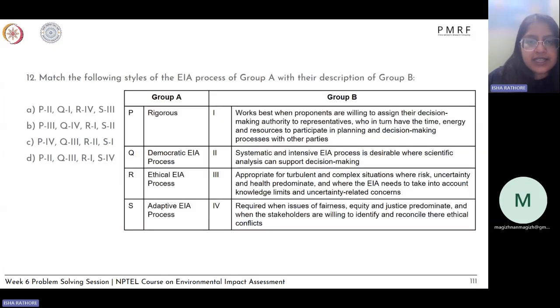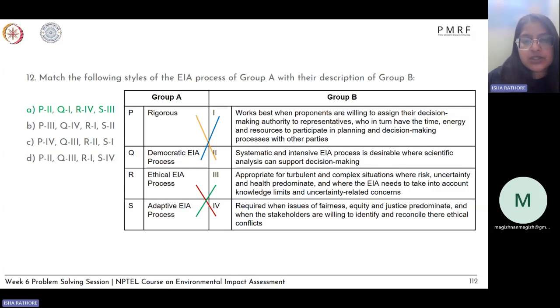Moving on to the next question. So match the following styles of EIA process of Group A with the description of Group B. So in Group A, we have the different EIA process styles, and in Group B, we have their definitions. So the correct answer is A, that is, a rigorous EIA process is done when a systematic and intensive EIA process is desirable, where scientific analysis can support decision making.